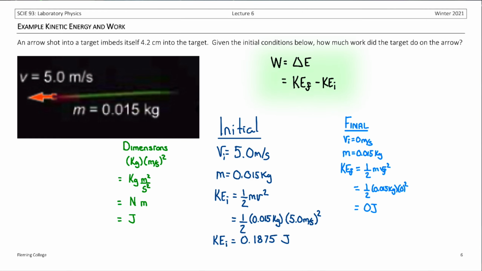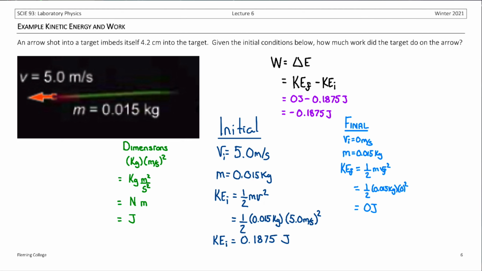If we go back to our work equation, that means we will see that we have 0 joules minus 0.1875 joules, which gets us negative 0.1875 joules.